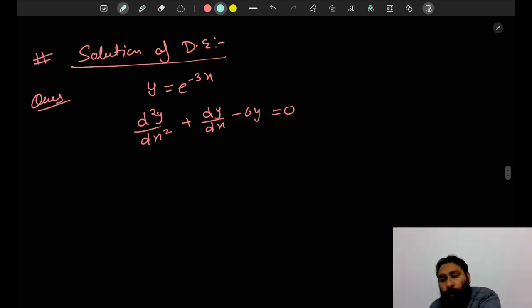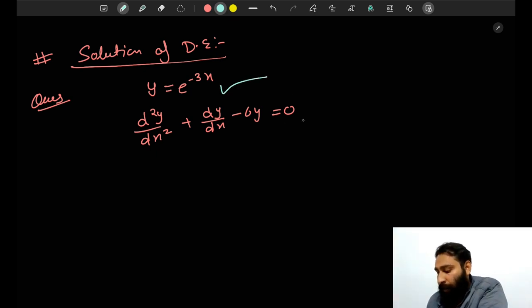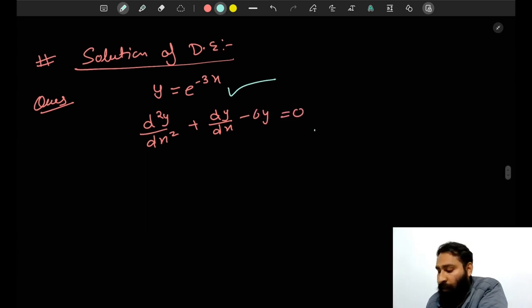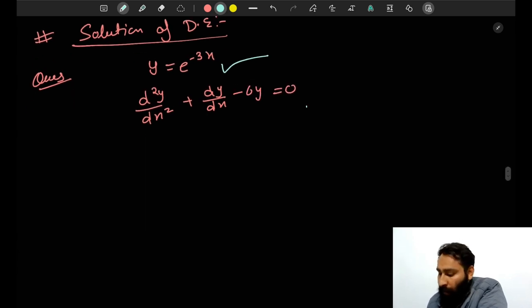Now we see the solution of a differential equation. When we say y is equal to e to the power minus 3x is the solution of d²y/dx² plus dy/dx minus 6y is equal to 0, it means that if this term satisfies this differential equation, then we call it the solution of this differential equation.